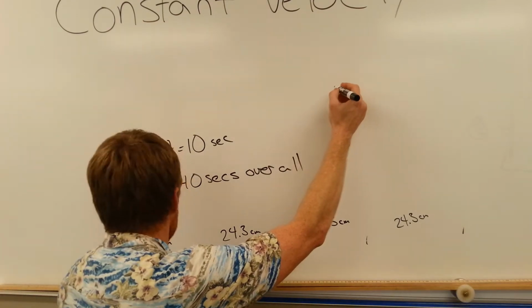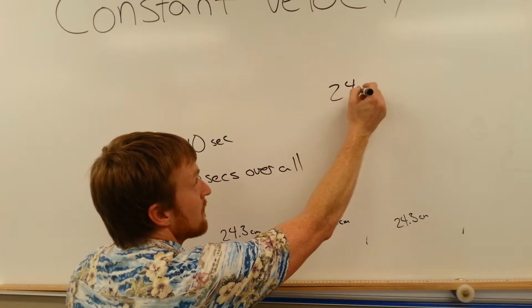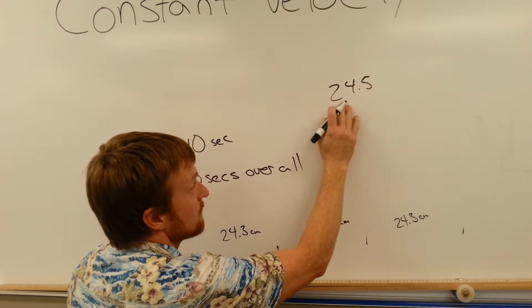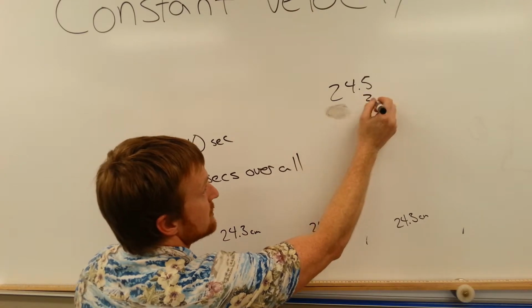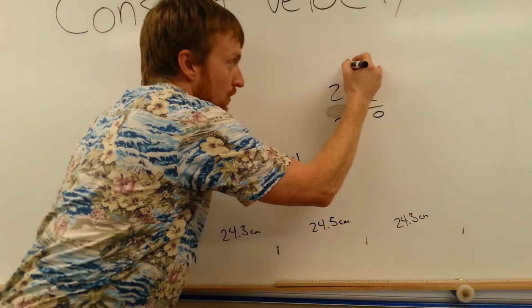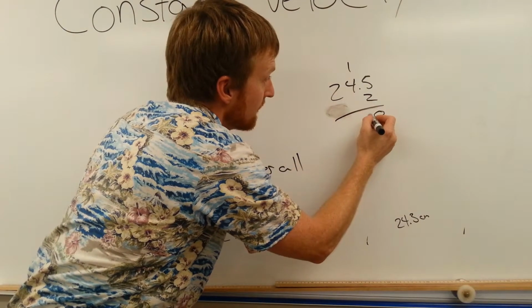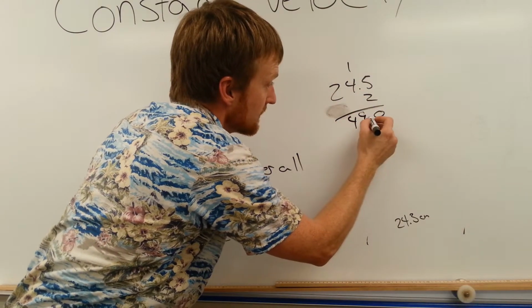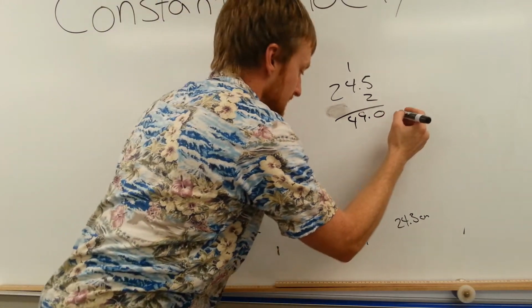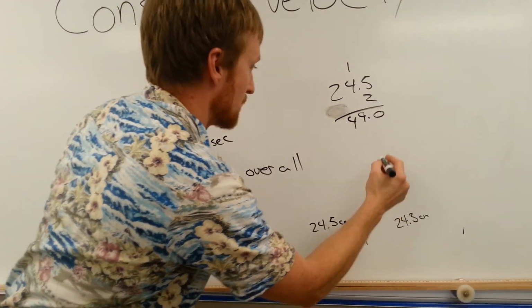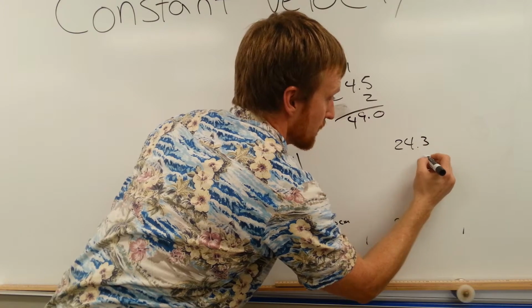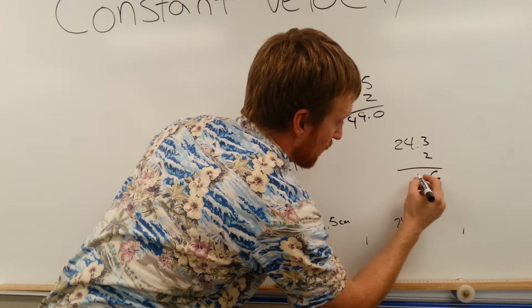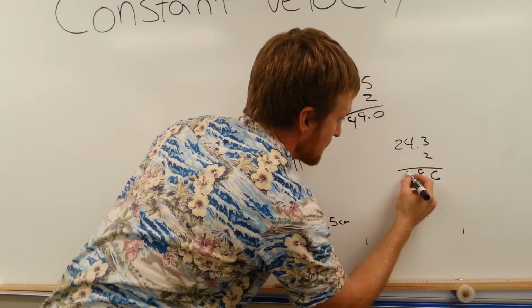What we have is 24.5, we have 24.5 times 2, okay? 0, carry the 1, 2 times 4 is 8, 9. 2 times 2 is 4, all right? 49 here. Then we say we got 24.3s. 24.3 times 2, we get 6. 2 times 4 is 8. 2 times 2 is 4.